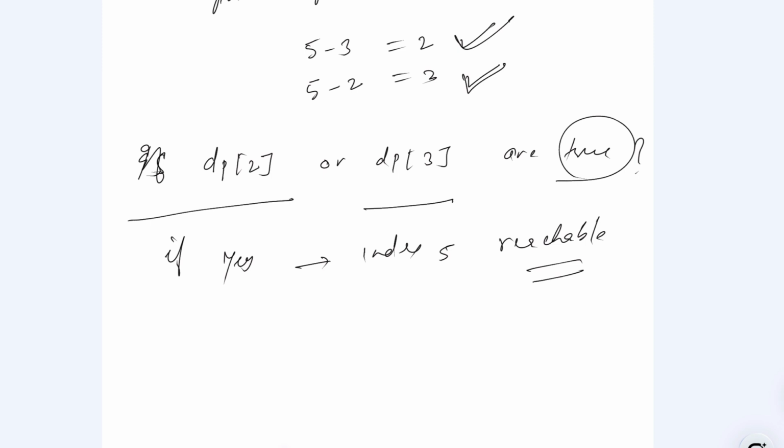Okay, so let's understand a little bit more so it becomes more clear to you, right? So let's say for every index I, we check this window.